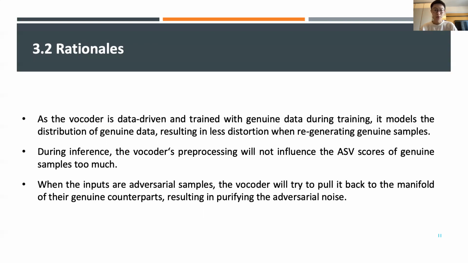And during inference, the vocoder's preprocessing will not influence the ASV scores of genuine samples too much. When the inputs are adversarial samples, the vocoder will try to pull them back to the manifold of their genuine counterparts, resulting in purifying the adversarial noise.